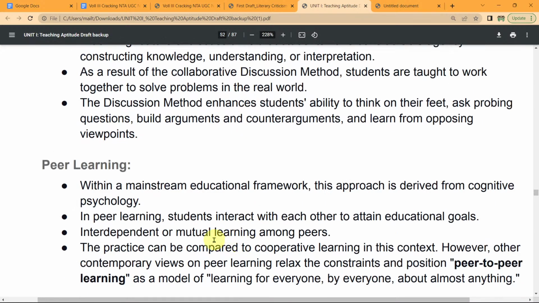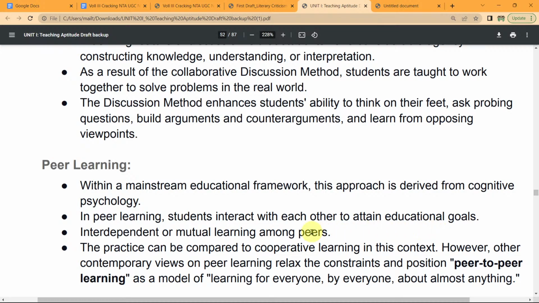And peer learning is actually a mainstream educational framework. They have asked about peer learning, and simply, students interact with each other to attain an educational goal. So again, peer learning is like collaborative and cooperative learning, where to achieve whatever educational goals you have, you achieve them together and learn from each other.